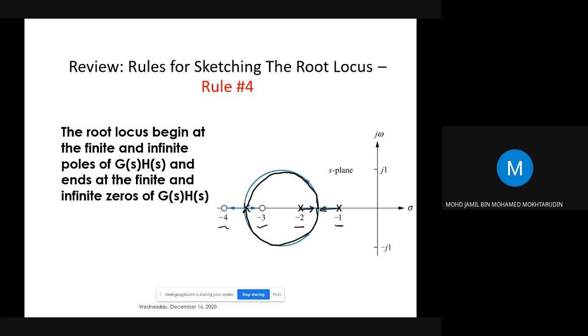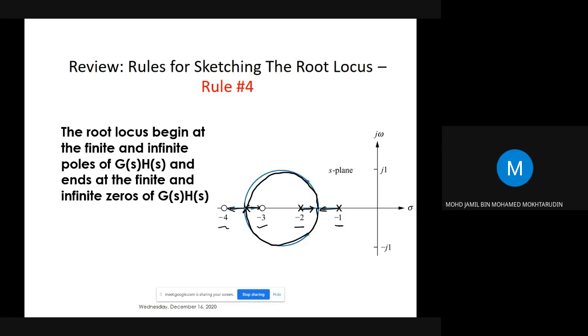Okay, so when it breaks away from the x-axis, then it has to come back into the x-axis. It can't just break away and keep going because the zeros are on the x-axis. So it will break away and then break in at the x-axis, and then one of the branches will go to one of the zeros and another one will go to the other zero. Okay, so it will always start at a pole and then finish at a zero.